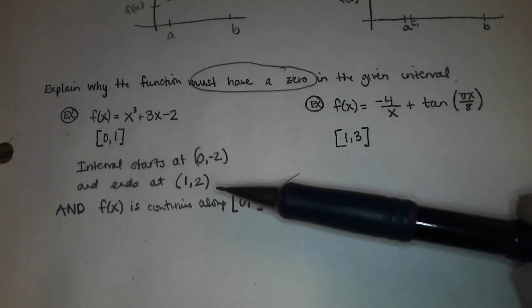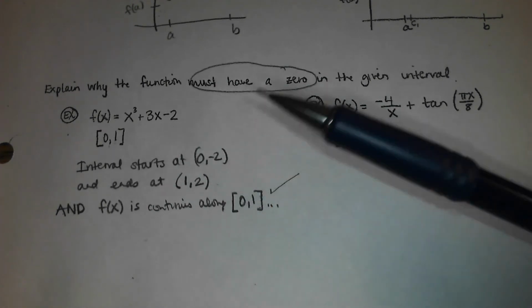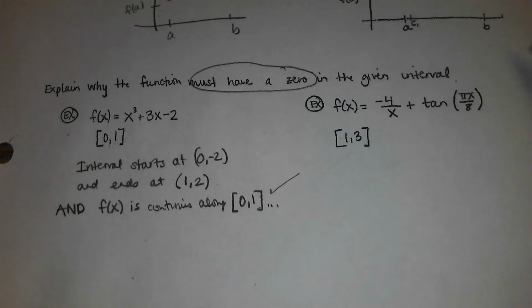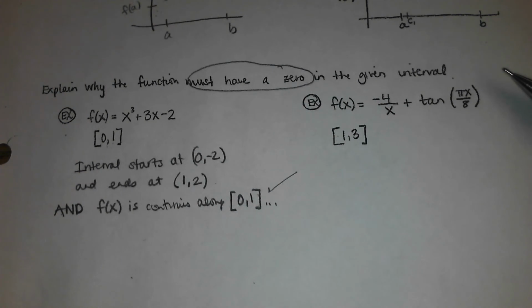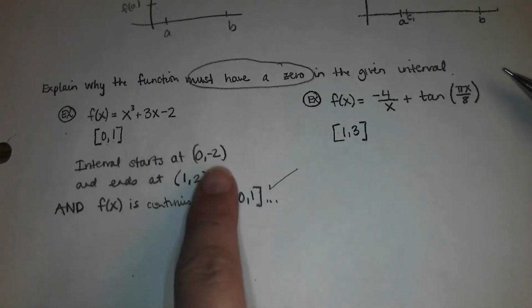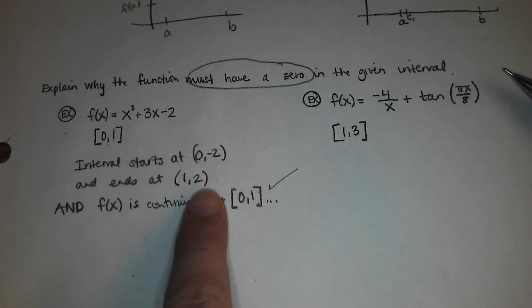Based on where our interval is starting and ending, why do I know it must have a 0 in between those 2 points? How could we put that into words, Olivia? Very good. It goes from a negative y value of -2 to a positive y value of +2.